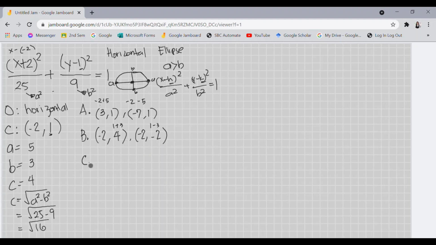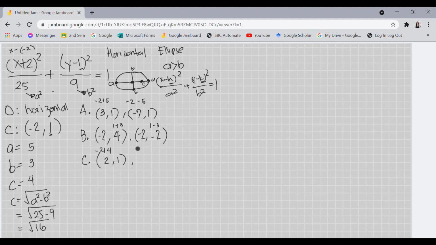And then, for your foci, same tayo ng gagawin with your vertices, but in terms of 4. Okay? So, we have here, negative 2 plus 4. Kasi, from negative 2, we are going to the right side, going to your C. So, nag-plus 4 tayo. That is equal to 2, same y-coordinate, which is 1.